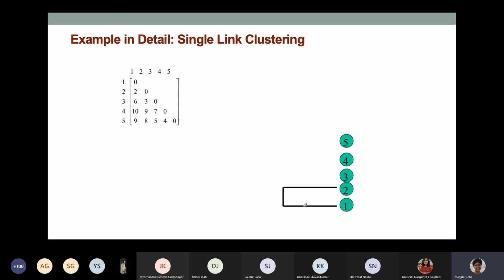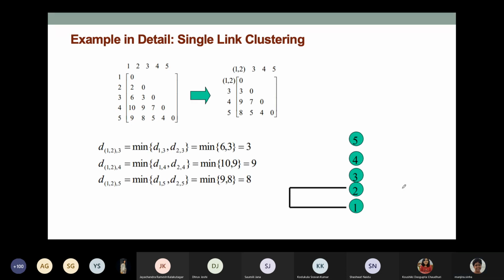So we connect node 1 and 2. Next, how do I calculate the distance between this cluster 1, 2 and 3? It will be the minimum of the distance between 1 and 3 and 2 and 3, right? So that will be 3.